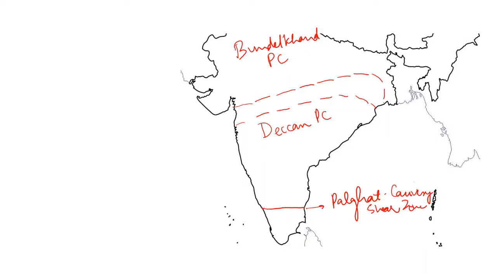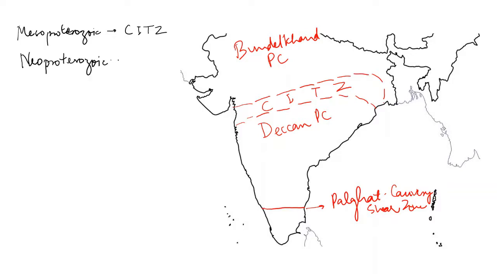The age of CITZ is Mesoproterozoic, while the Palghat Kaveri shear zone is Neoproterozoic. It is younger than CITZ.